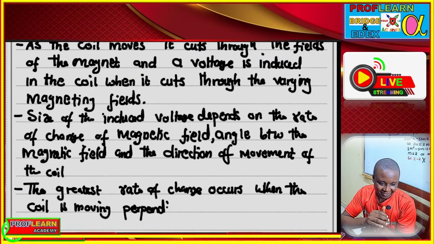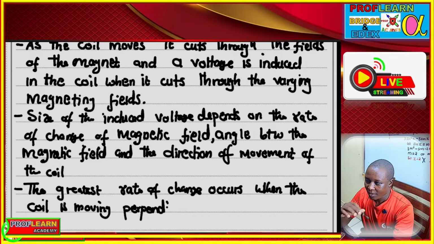Great, so we agree on that. If you are writing down how a generator works: as the coil moves, it cuts through the fields of the permanent magnet, and a voltage is induced in the coil when it cuts through the varying magnetic fields.